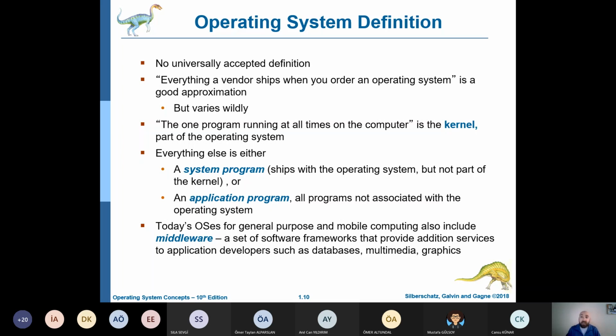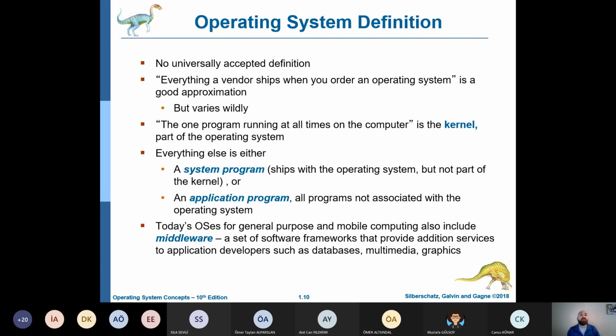For example, everything a vendor ships when you order an operating system is a good approximation, but varies widely. So basically, that means, okay, you buy a Windows operating system and Microsoft provides you tons of programs. You can describe that package as an operating system.